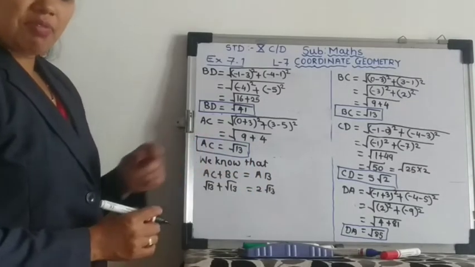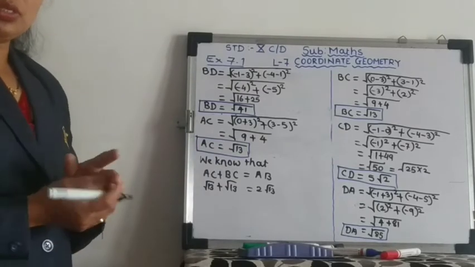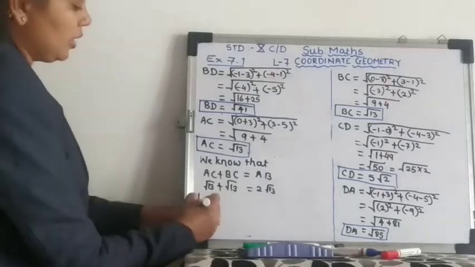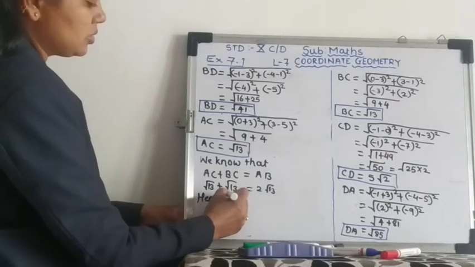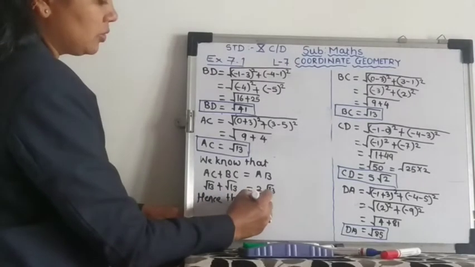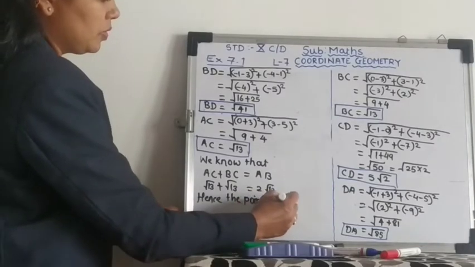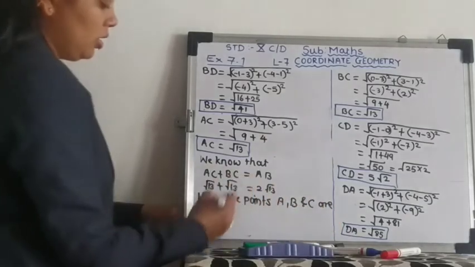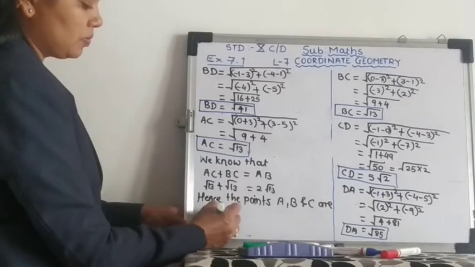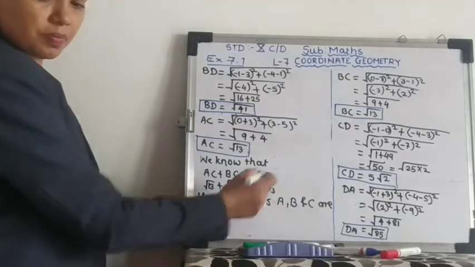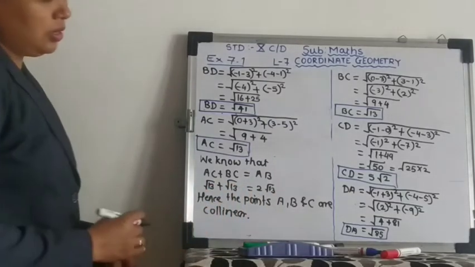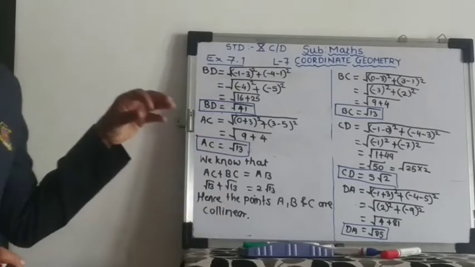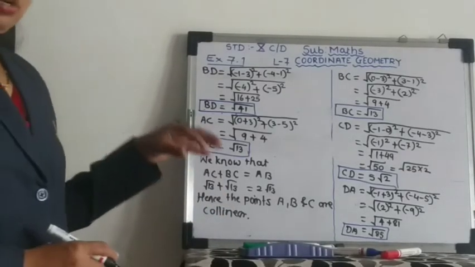So that's why we have written that AC plus BC is equal to AB. Hence, the points A, B and C are collinear points. Understood?